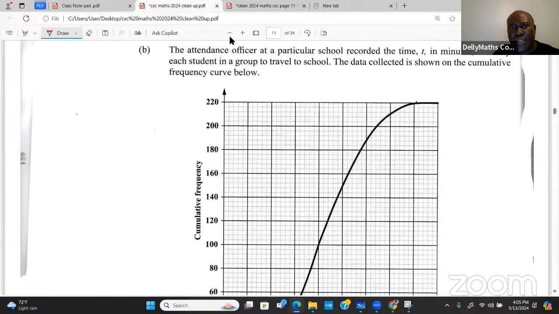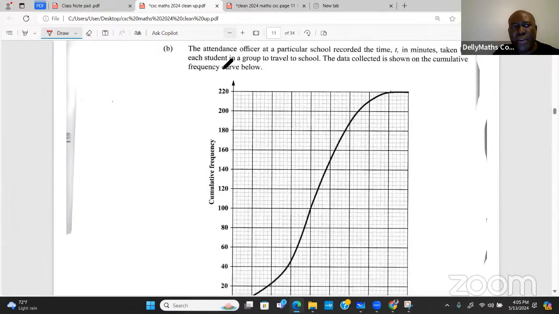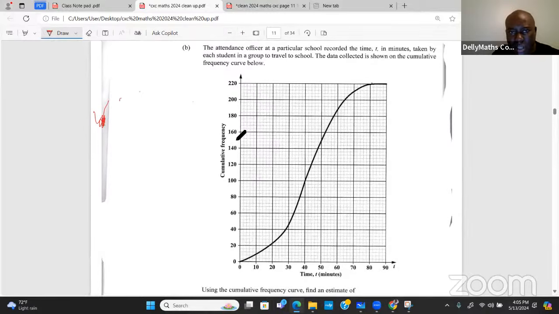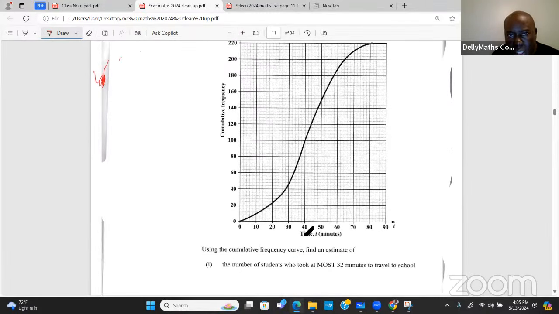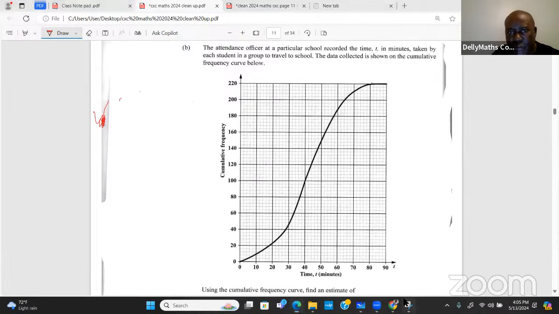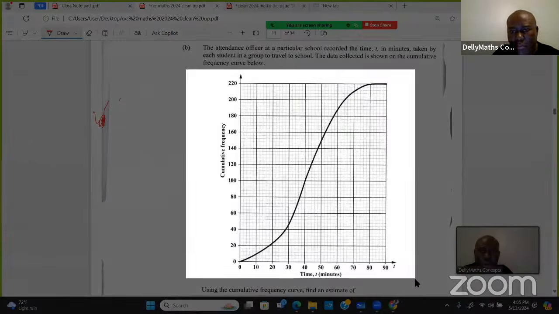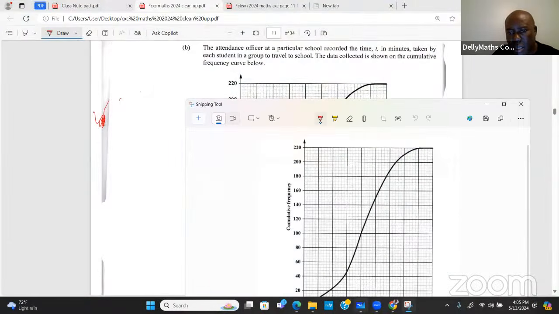All right. So as you can see, we have done this on so many occasions, where we are utilizing the cumulative frequency curve to answer some questions. So what I'm going to do is take the cumulative curve to a screen where I'm able to adequately pick up the values from it.